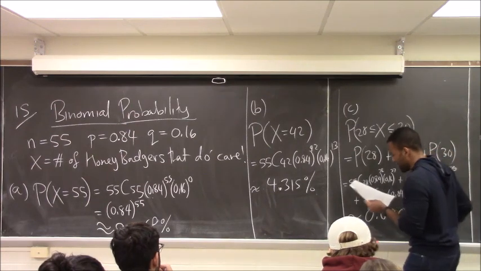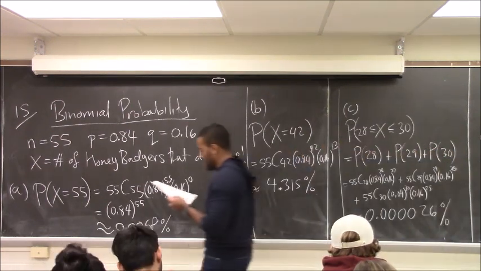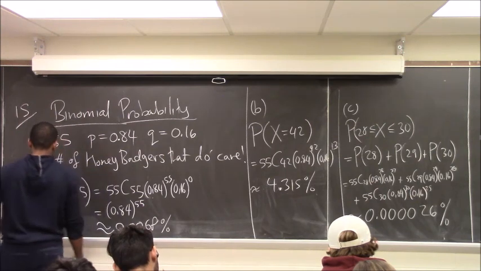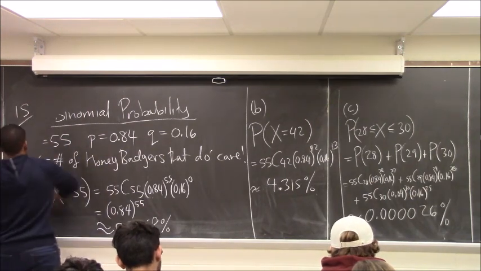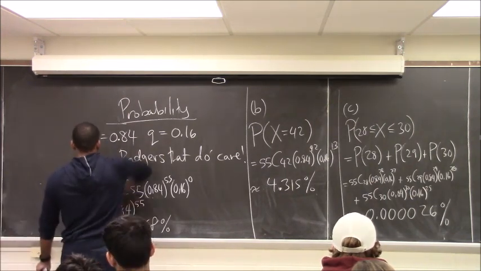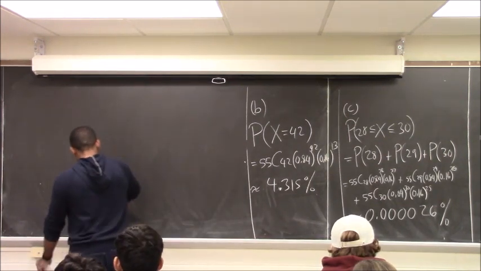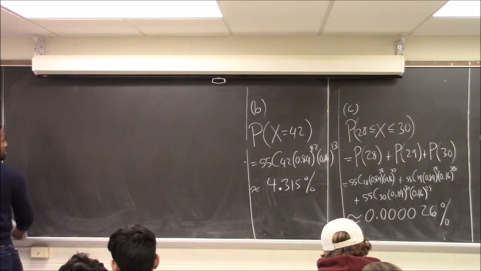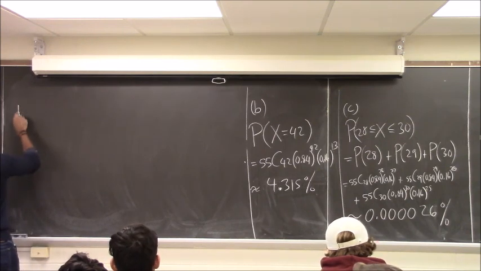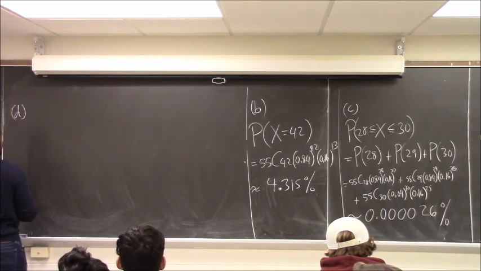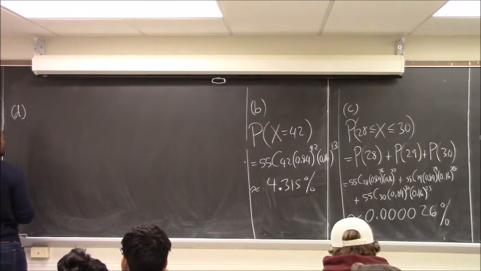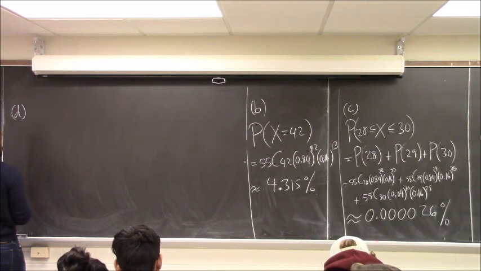Okay, on average, if you actually did this, how many do you expect to not care? Initially we used the summation equation to find that out, but there's a shortcut for binomial probability questions. You can just multiply your p, 0.84, times the n, which is 55.